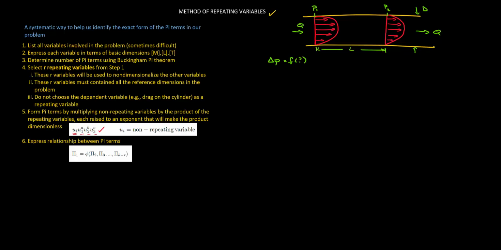Okay, so we can think that maybe viscosity would be important, the density, the diameter of the pipe, the length between the 2 points where we want to evaluate the pressure drop, the velocity, and maybe also our pipe has a certain surface roughness, which is denoted by epsilon.